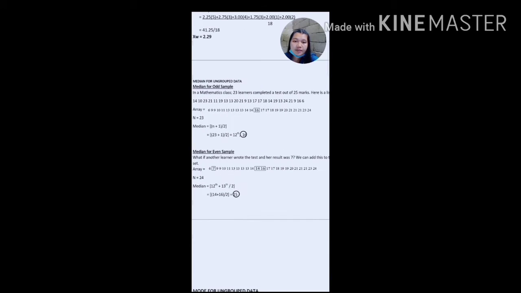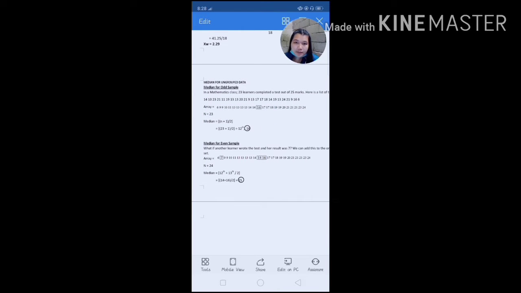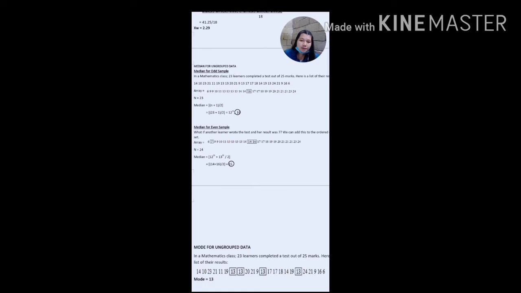So you can see 16 is our median for odd sample. For median even sample, what if another learner wrote the test and her result was 7? We can add this to the ordered data set. So again, put this data in order from lowest to highest, and then get the total number of scores, which is 24.